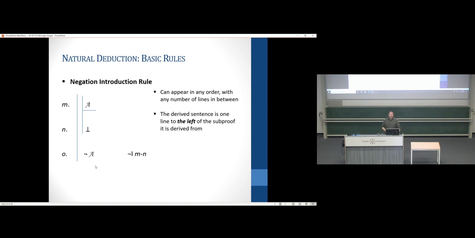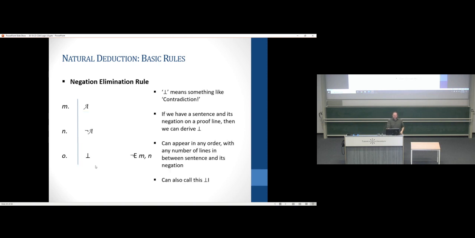So that's negation introduction, right? Again, we have a subproof, starts with a sentence, ends with a contradiction, you derive its negation. What about negation elimination? Well, negation elimination is also known as contradiction introduction. It says if you have a sentence and its negation on the same proof line, right?